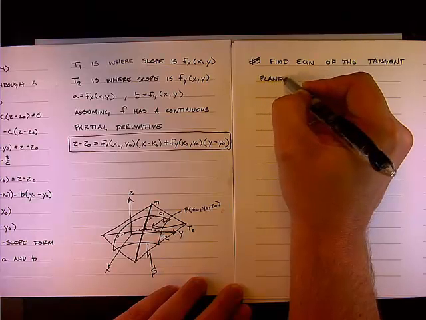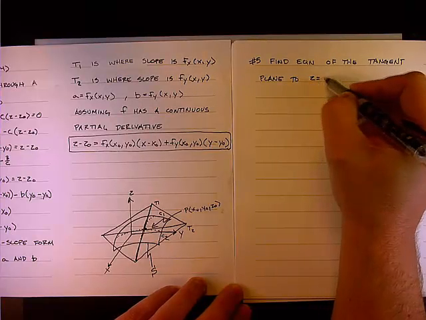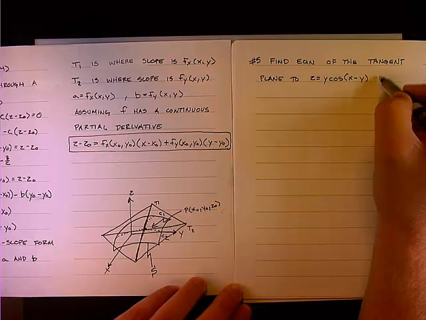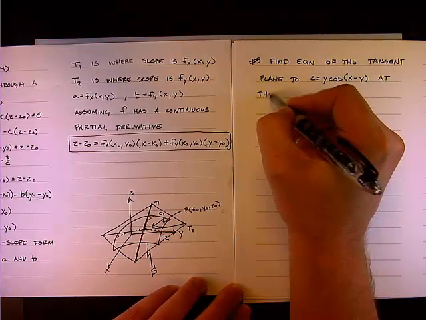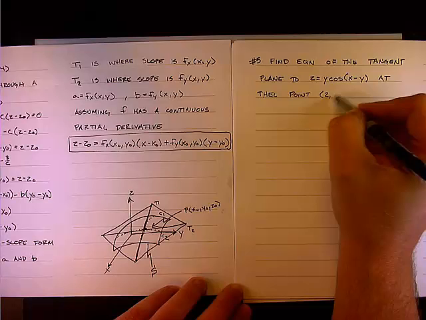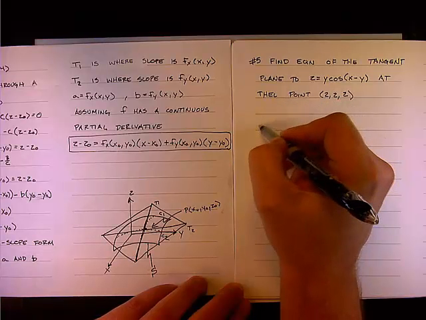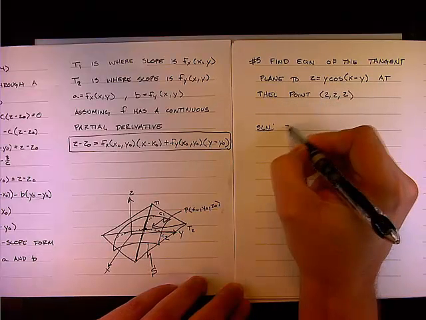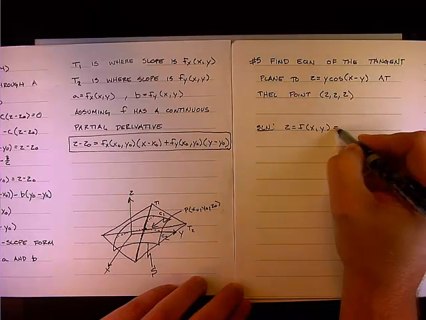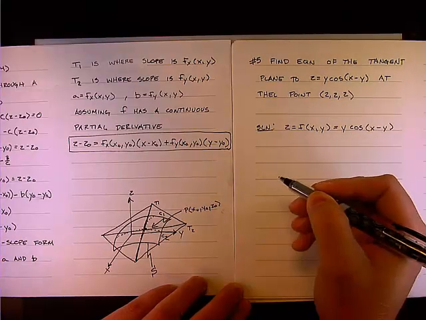All right, so the example is going to be book example number 5, and we're going to want to find an equation of the tangent plane to the equation z equals y cosine of x minus y at the point 2, 2, 2.